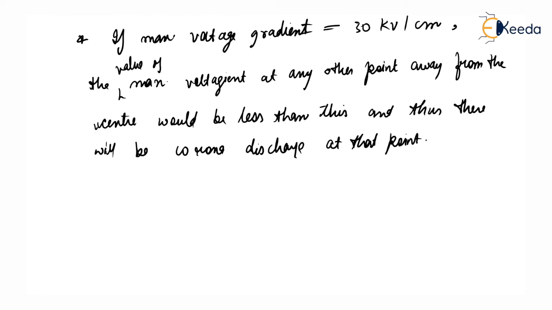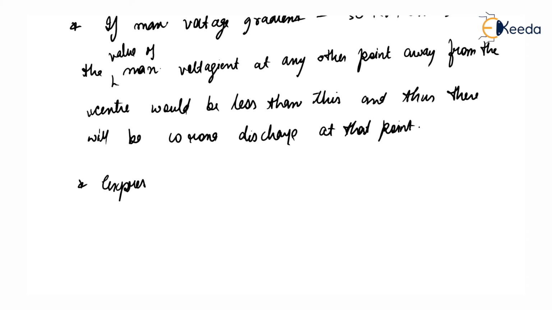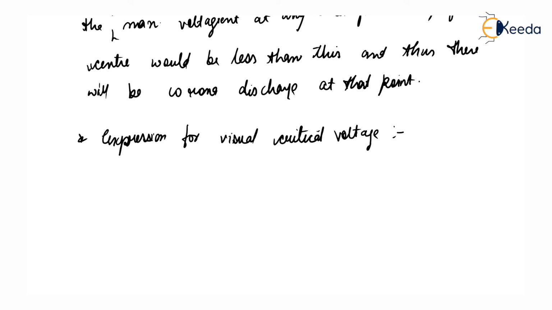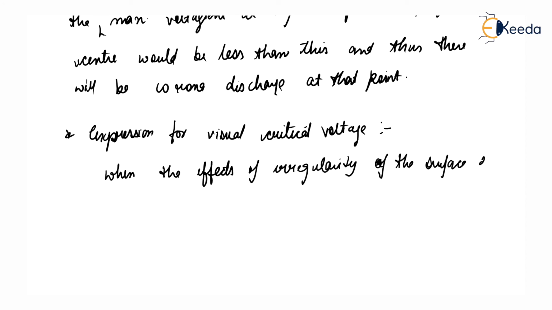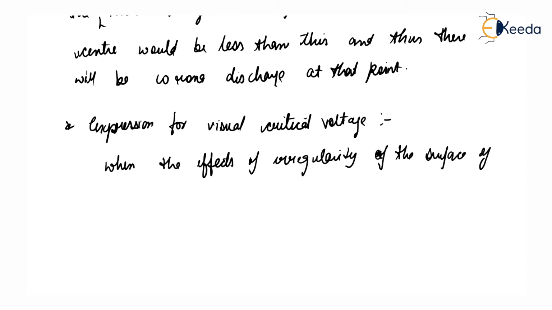Now the expression of visual critical voltage for single phase and three phase line can be given when the effects of irregularity of the surface of the conductor and the air density factor are considered.